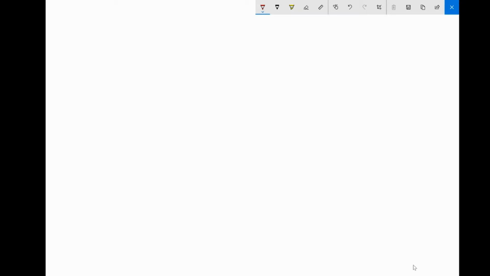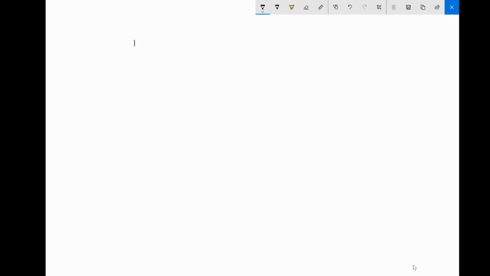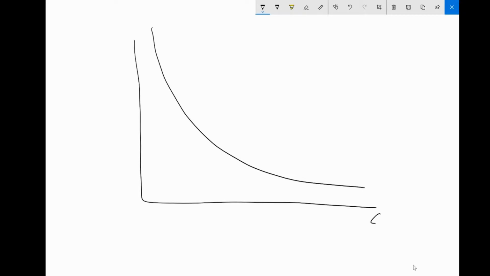Okay. So now, one really nice thing about indifference curves, I'm just going to draw an indifference curve here, between coffee and bagels. A nice thing about indifference curves is that they allow us to understand trade-offs between coffee and bagels.